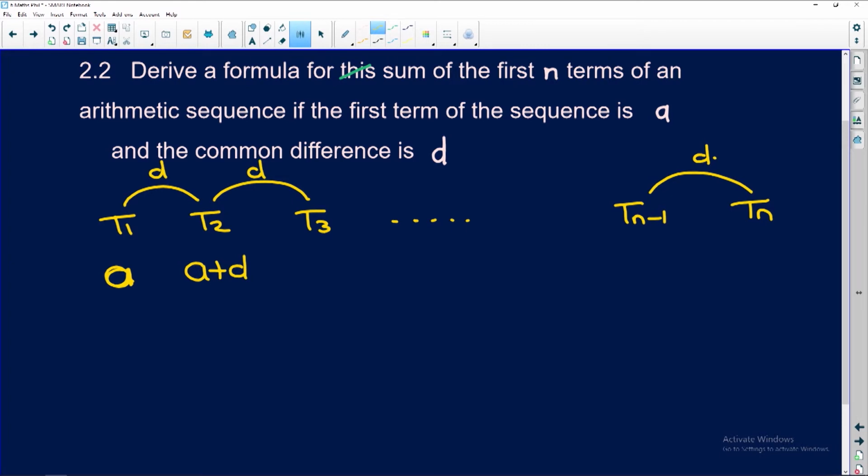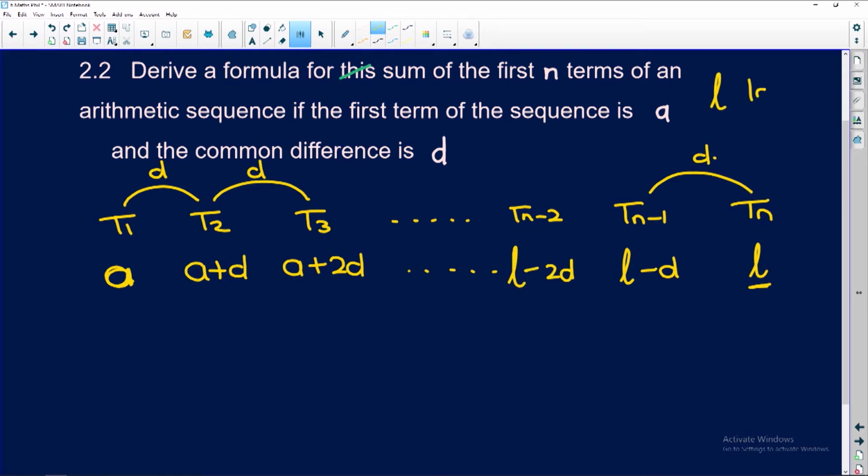If I want to write term 3 in terms of the first term, I hope you agree that it's A plus 2D. And all the way to, let's say, term n is our last term. For argument's sake in this derivation, let's say it's the last term. This means that this term here is the last term minus D. And then if I say term n minus 2, I will get L minus 2D, where L is the last term.